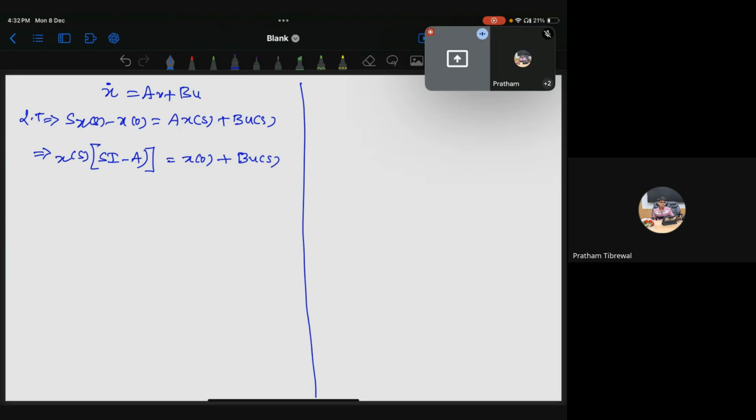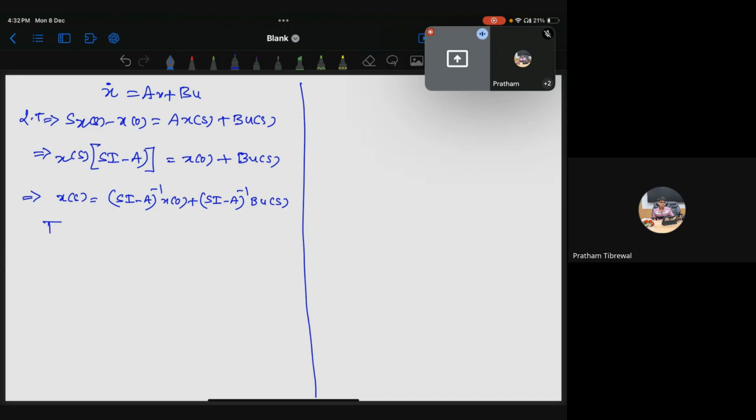So this implies X of s, and this is a matrix, so when it goes to that side, X of s equals (sI minus A) whole inverse x of 0 plus (sI minus A) whole inverse B U of s. Is this step clear?